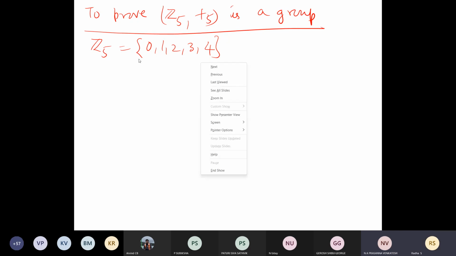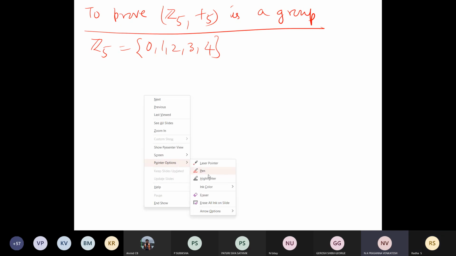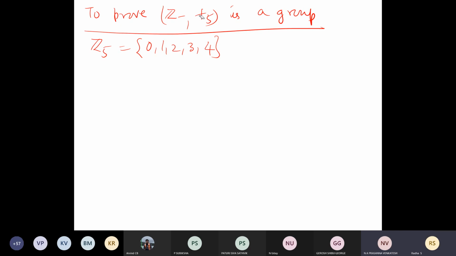To start with, better, I'll reduce this. I won't take Z5. I'll go with Z3. I'll take Z3 under addition modulo 3, then I'll go to Z5.